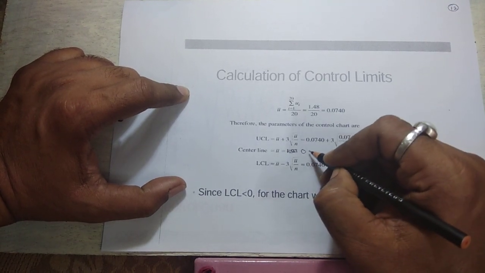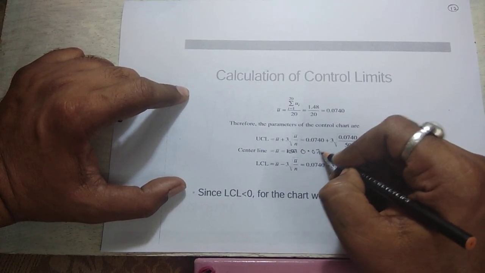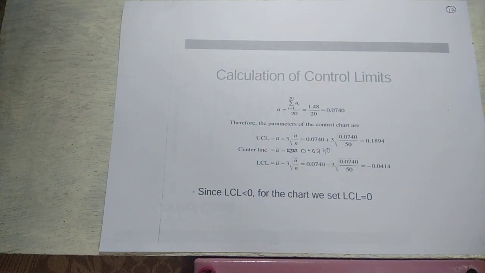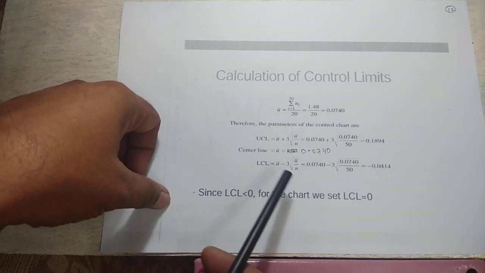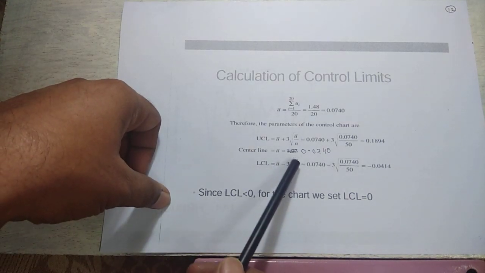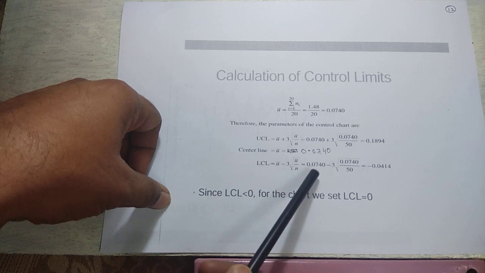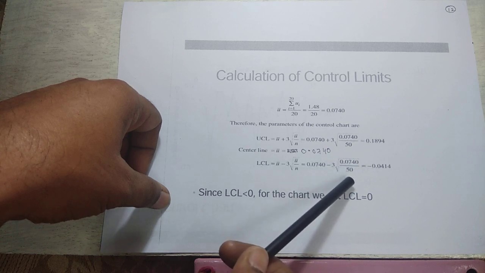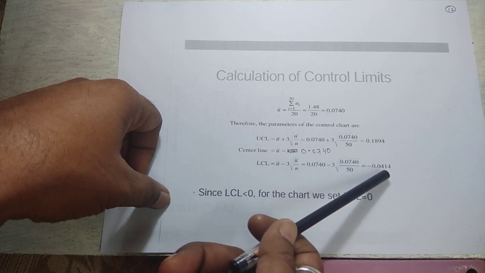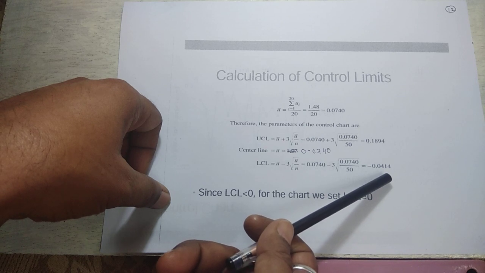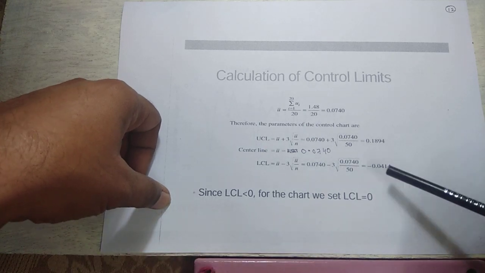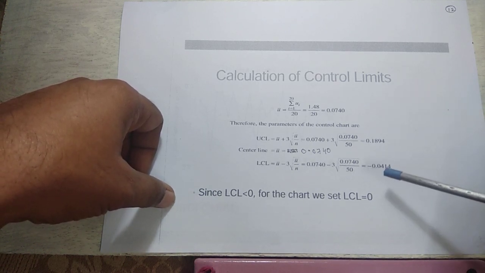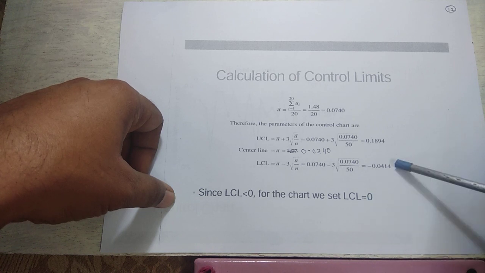So the center line U bar is 0.0740, and the lower control limit will be U bar minus 3 root over U bar by n, that is 0.0740 minus 3 into root over 0.0740 by 50, that is minus 0.0414. Clear? As this is a negative figure, we should consider LCL equal to 0.